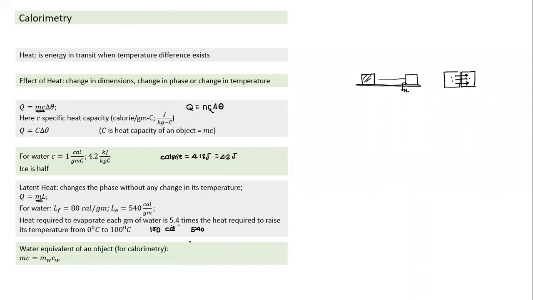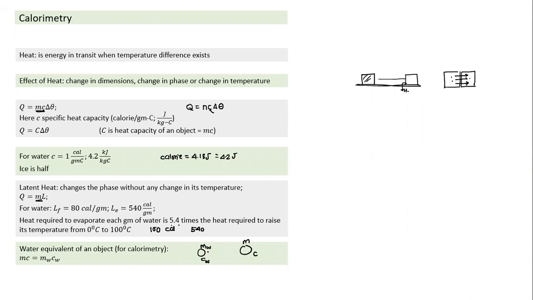If we have any two objects, on one side we have some mass of water, and on the other side we have some other object. This object has mass M and specific heat capacity C, and water has specific heat capacity CW. What does calorimetric equivalence basically mean?